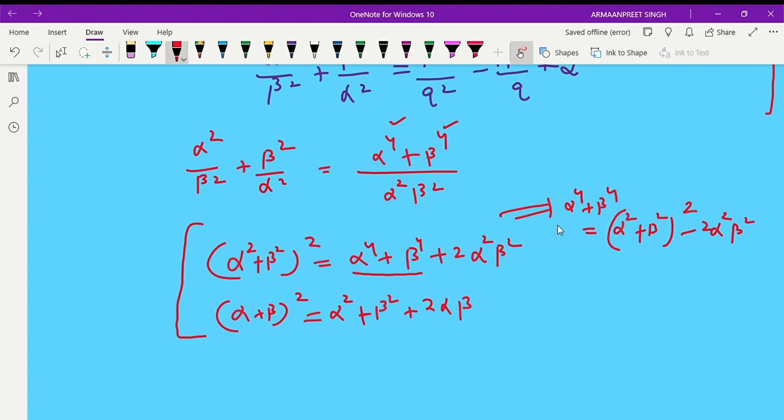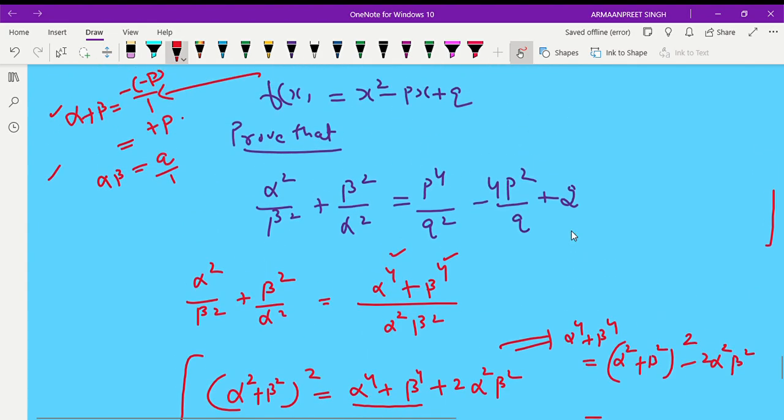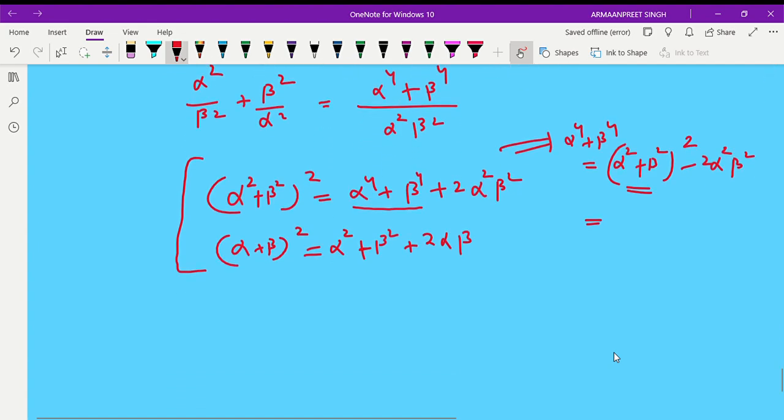Now alpha square plus beta square, you can't use this directly because in our question we have only alpha plus beta and alpha into beta. So just express alpha square plus beta square in terms of alpha plus beta whole square. So we can write alpha plus beta whole square minus 2 alpha beta is alpha square plus beta square.